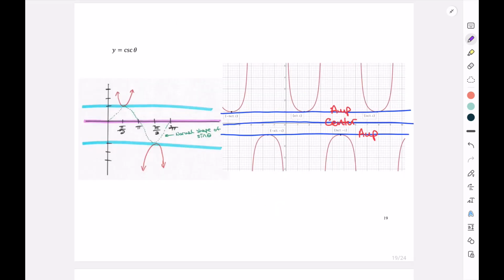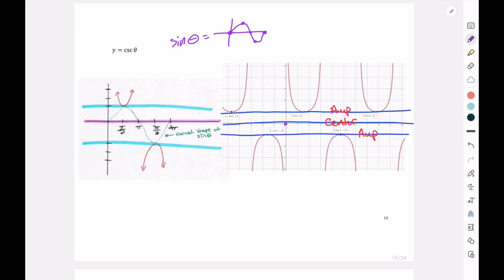So we know that we're just doing the inverse of a sine function, and since we know how to graph a sine function, we're going to start at our origin, and go up, down, down, and back up. We'll create this function.